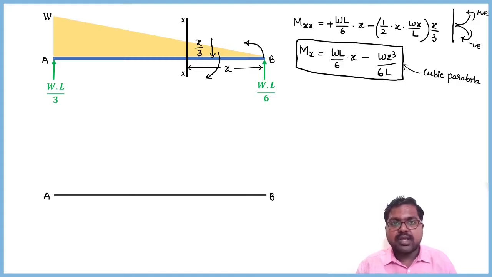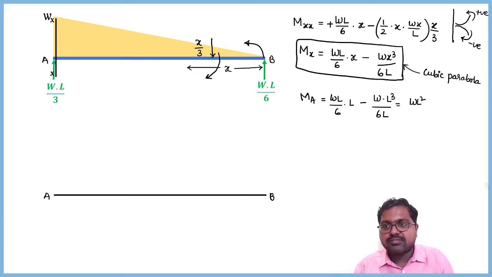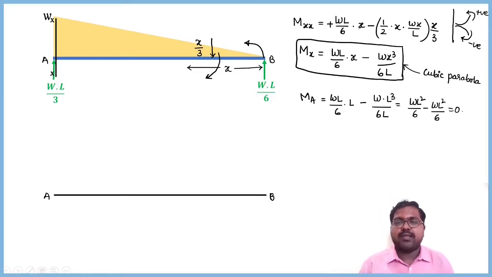So from this general equation, now I am going to find the bending moment at A, whether it is coming to 0 or not, I want to verify. So at A, x will be equal to L. So WL by 6 into L minus WL cube by 6L, where we get WL square by 6 minus WL square by 6, that will be equal to 0.